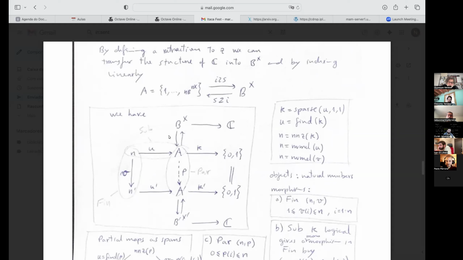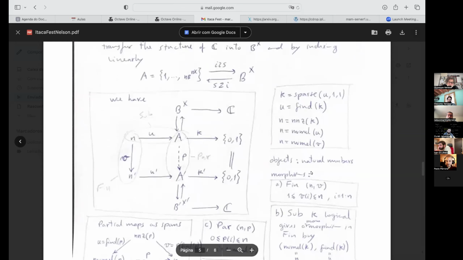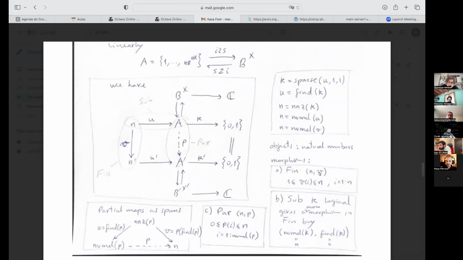And so we see that there is the category of finite, so Fin, like modeling finite ordinals. And the objects are natural numbers. The morphisms are pairs: a natural number and the vector. So this is really a MATLAB or Octave vector, which has to be equipped with a natural number for the codomain, since the domain is the number of its elements.